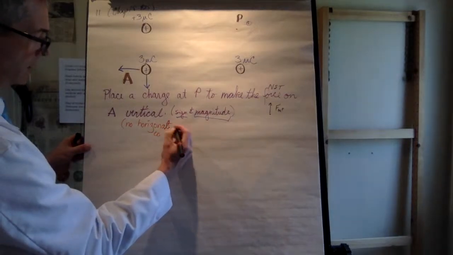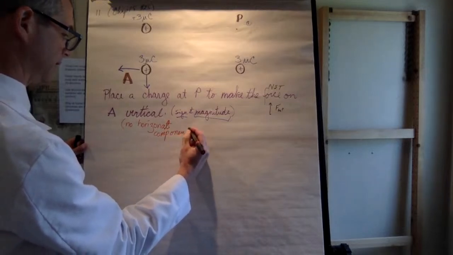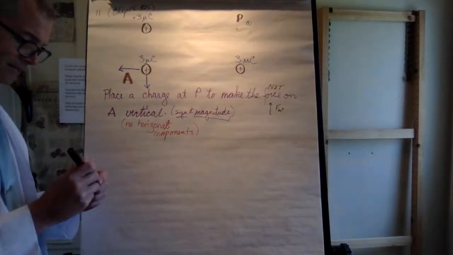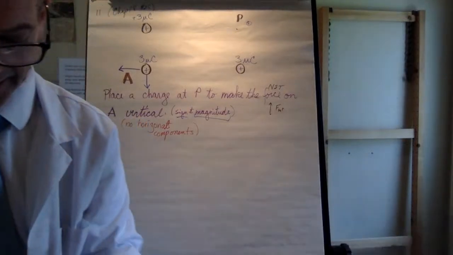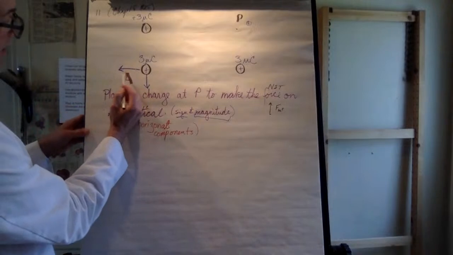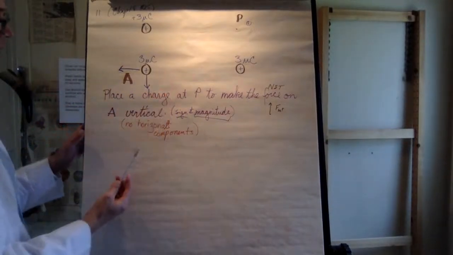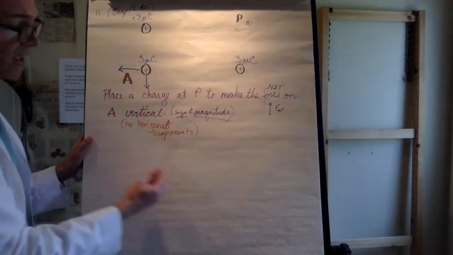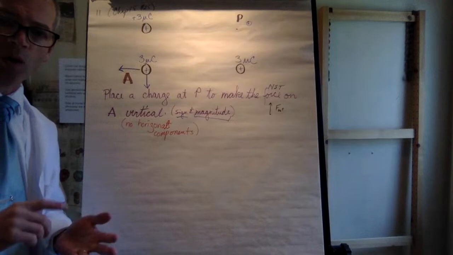Horizontal, L is not crossed. So I need to cancel out this one. This is the one I need to make go away. This one's already vertical, because when it says vertical, it doesn't mean up or down.